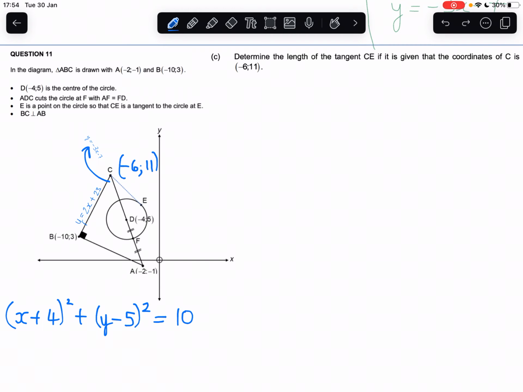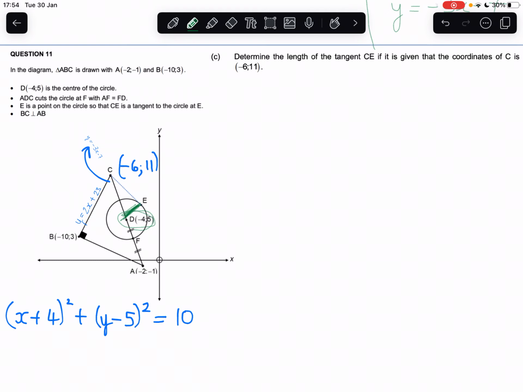Okay, I think I have an idea. We know the gradient of this line. It's negative 3 from our previous calculation. Then we have a point on that line as well, which is the point D. So we can work out the equation of this line.